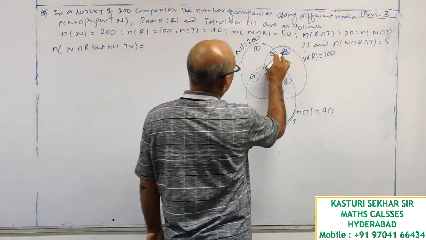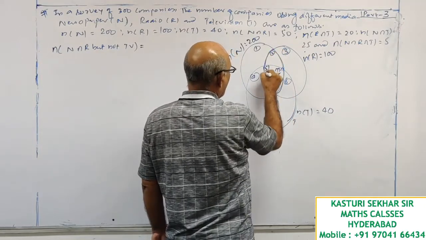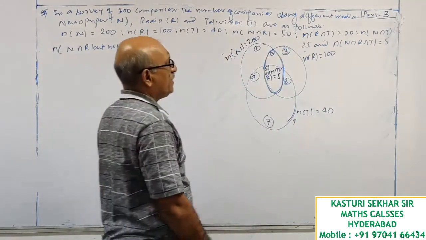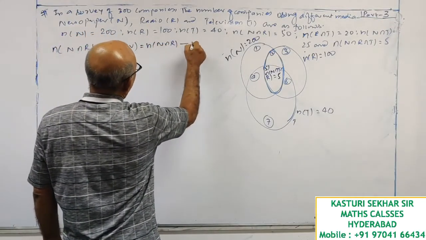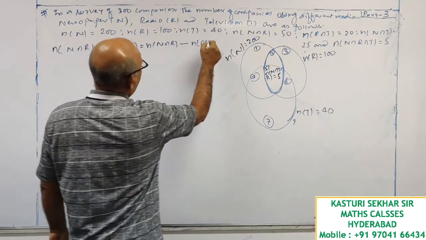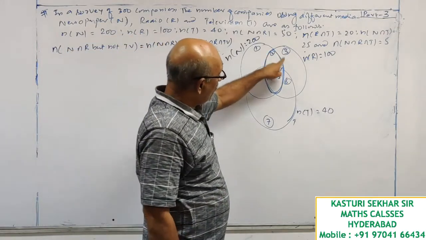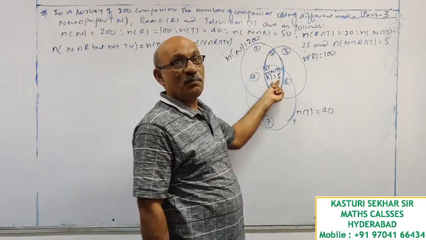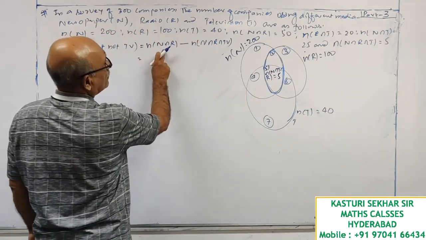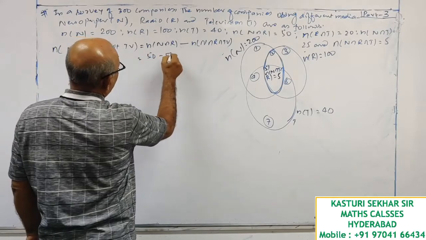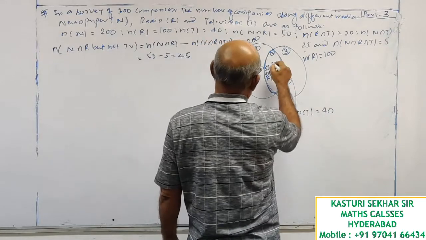This whole will represent newspaper and radio: n of newspaper intersection radio minus n of newspaper intersection radio intersection TV. From this whole part, I will subtract the small part. N of newspaper intersection radio is 50, minus 5, this is 45. So this part is equal to 45.